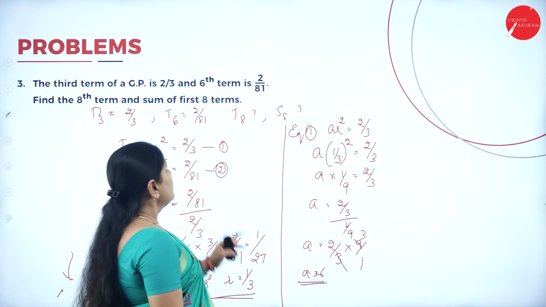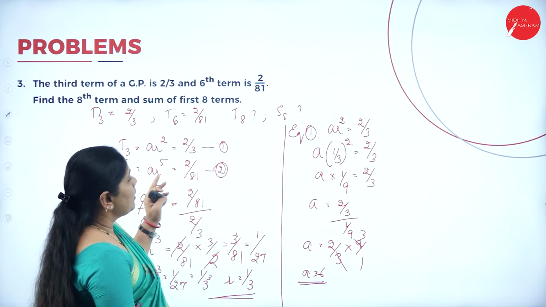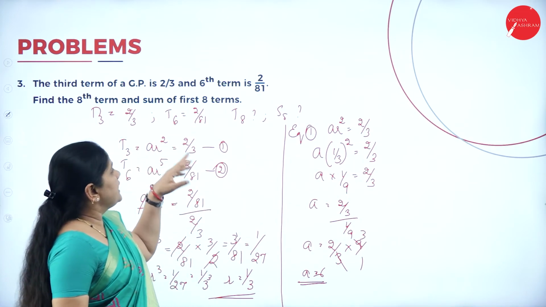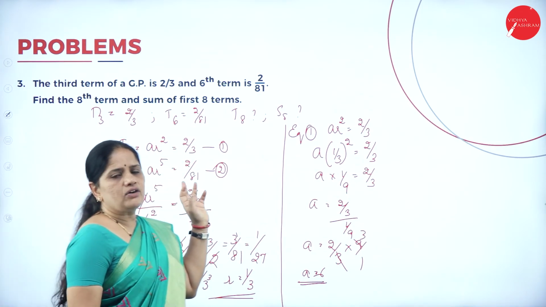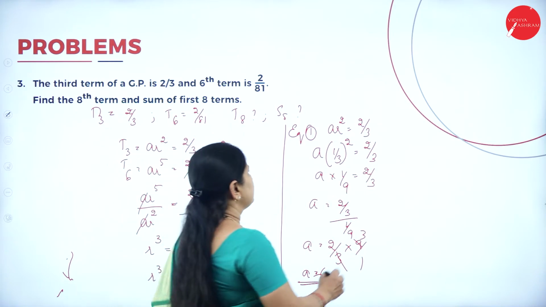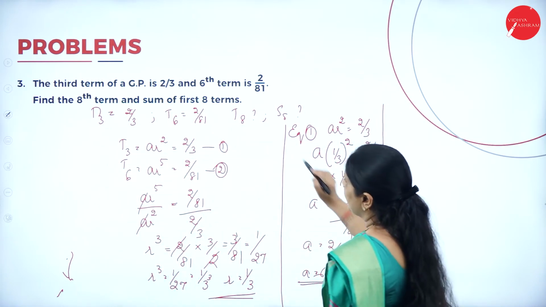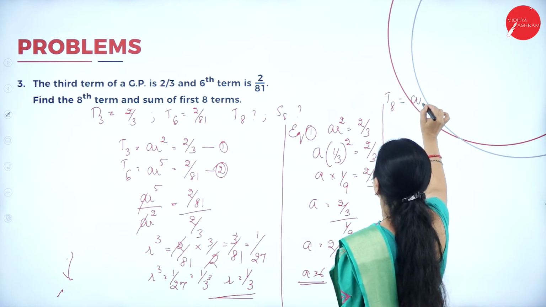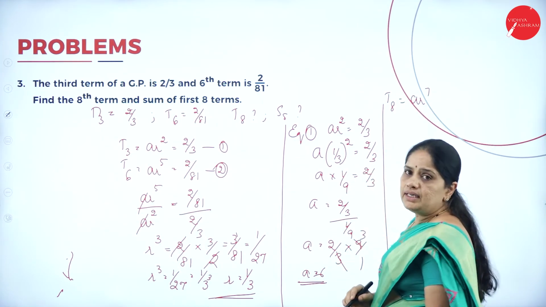Now they have asked us to find the sum of 8 terms. Let us first find the 8th term, and then we will find the value of the sum of 8 terms. So next we have to find T8. T8 will be equal to AR to the power 7.